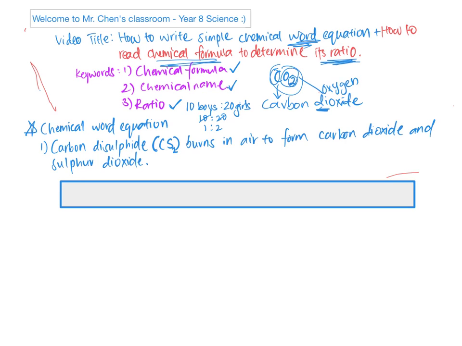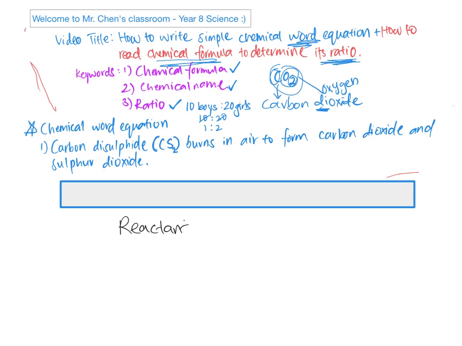So what is a chemical word equation? A chemical word equation is an equation that we write when there is a chemical reaction going on. In order to have a chemical reaction, we obviously need to have a reactant.